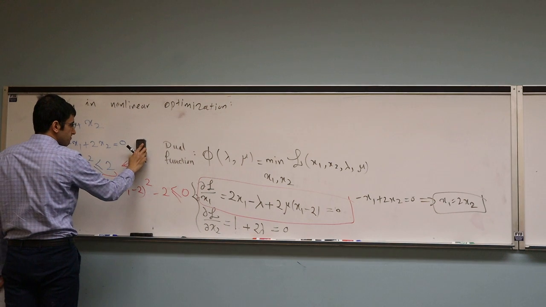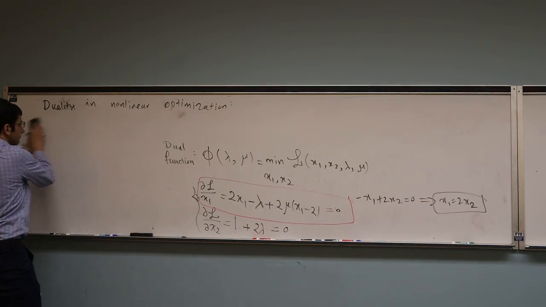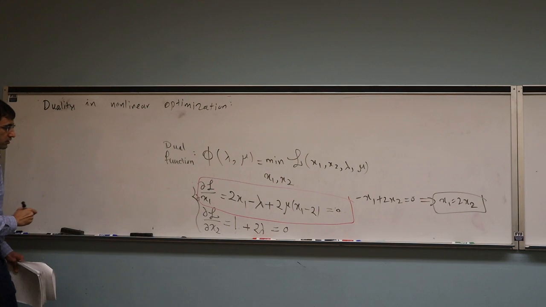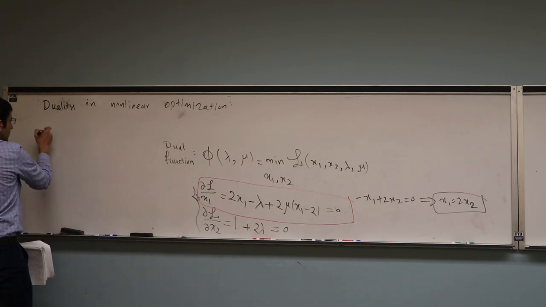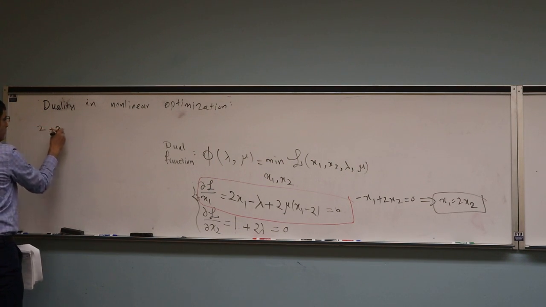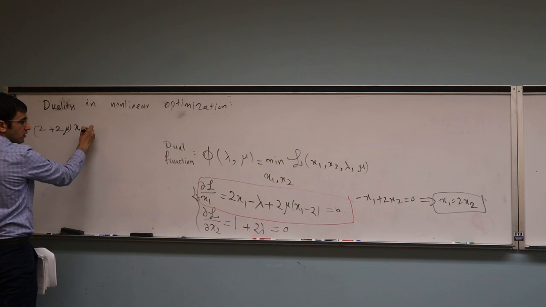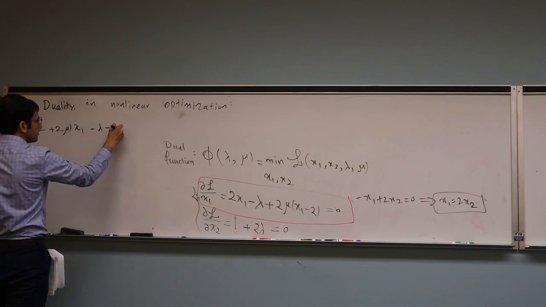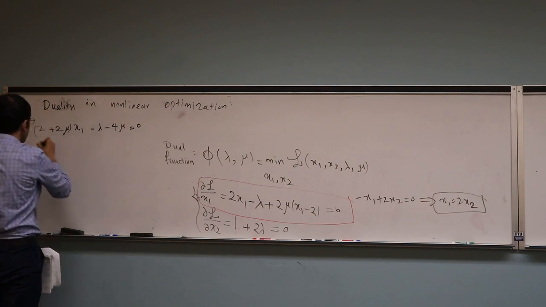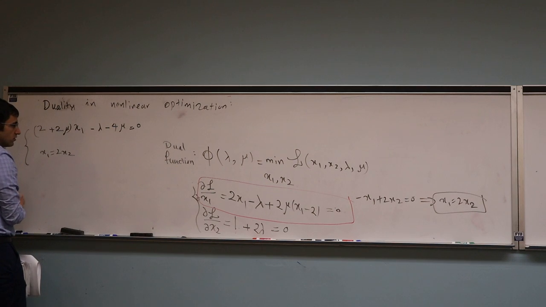So 2 mu x1 minus lambda minus 4 mu is equal to 0, and we have x1 is 2x2.